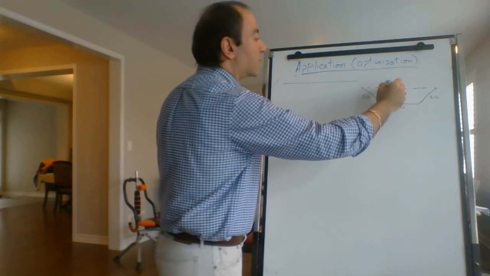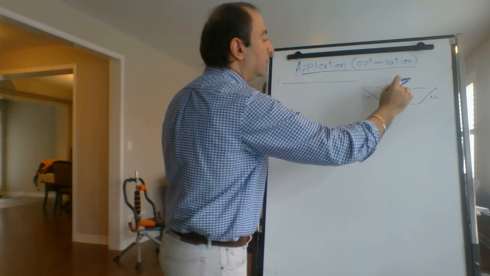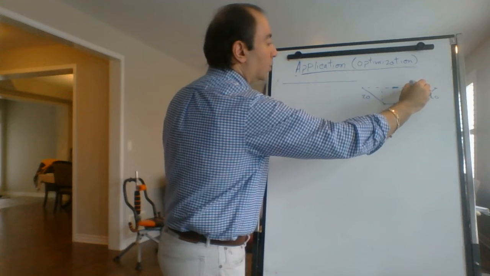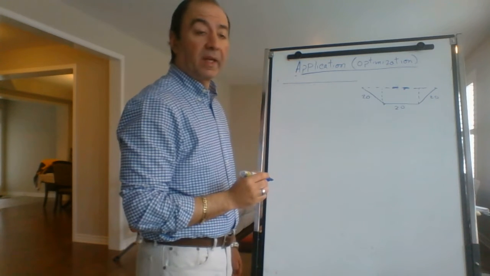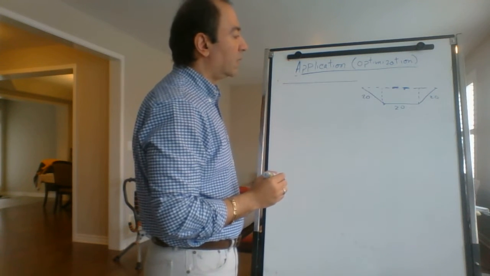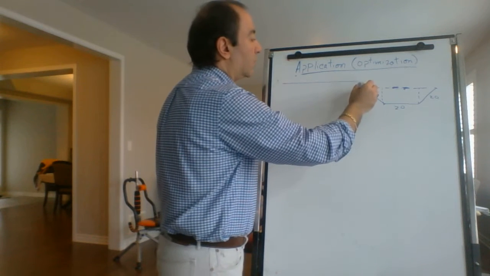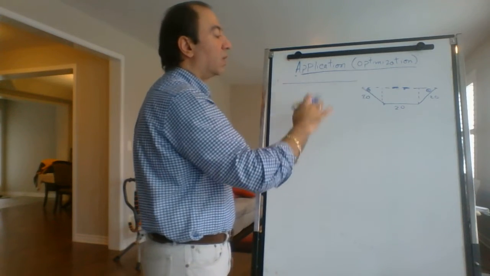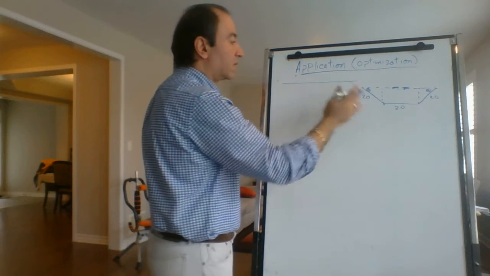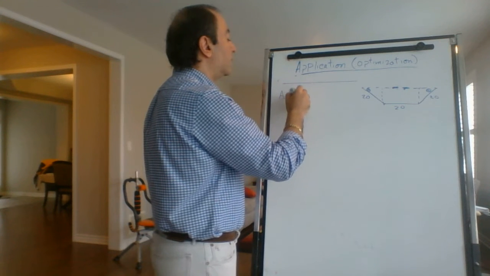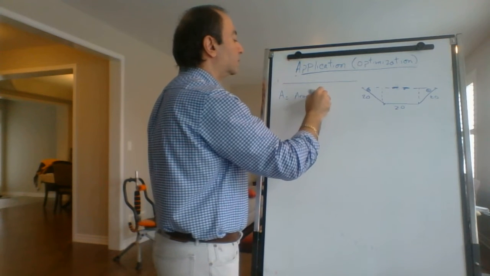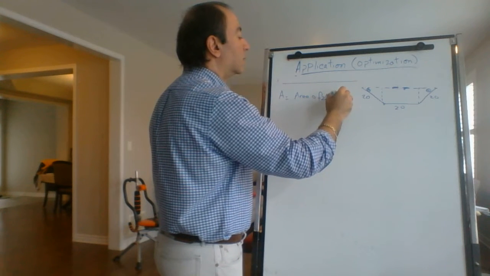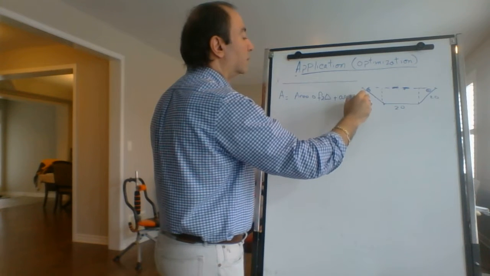The area of this shape, this is a trapezoid. So the best thing to find the area is to divide it into a rectangle and two triangles. These two angles will be the same, theta. We know what we want to maximize. It's the area. So the area equals the area of two triangles plus the area of the rectangle.